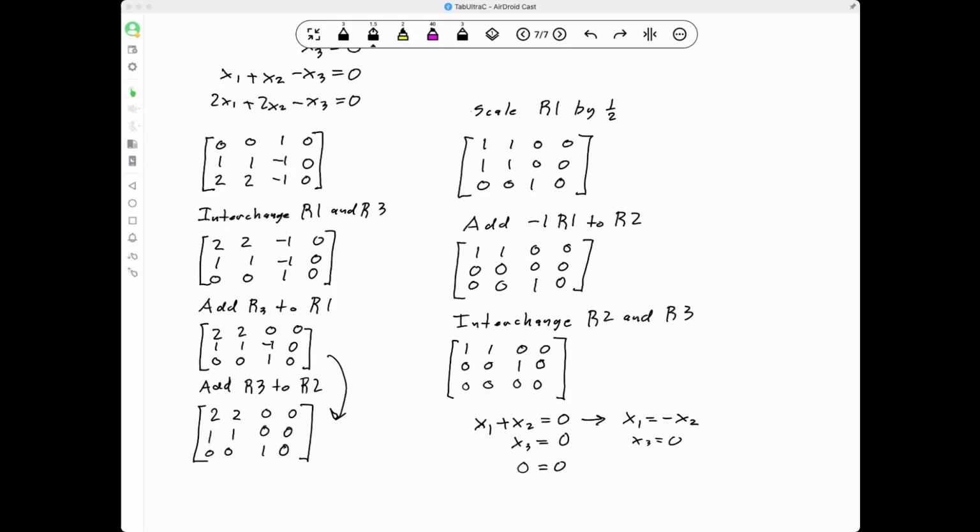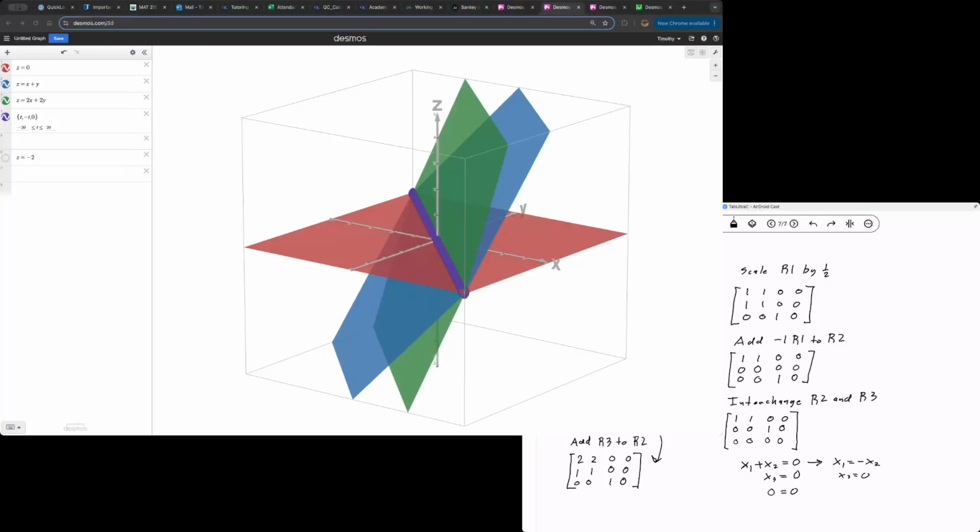I can't tell you exactly what x1 is because no matter what x2 is, I can find an x1 that works. And so if I look at the graph of this, this line is being represented by some number t as x1, and the negative of that number t is x2, and then x3 is 0.